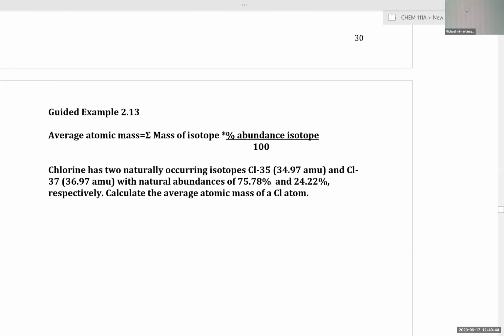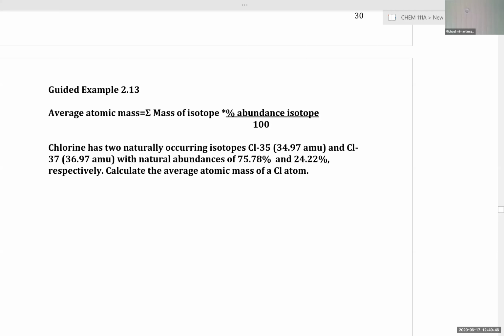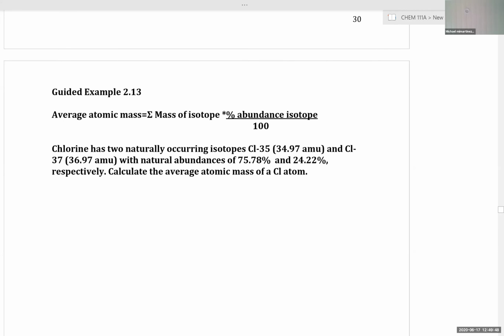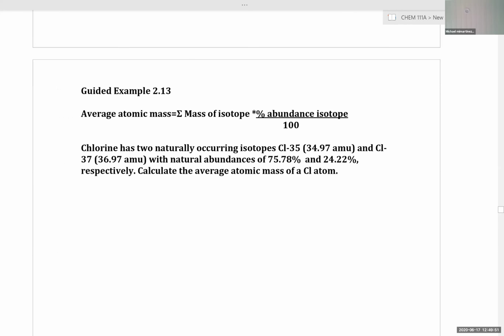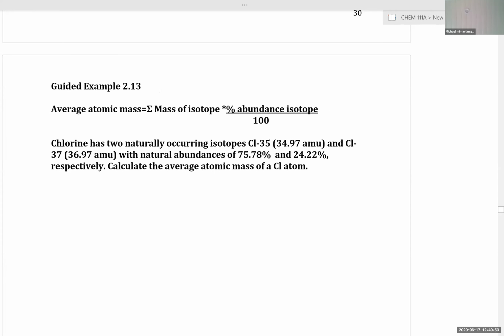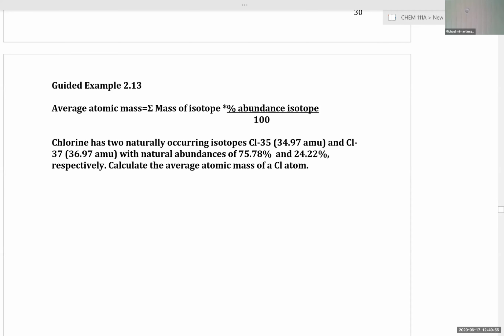Okay, so let's show an example of how to calculate the average atomic mass. For example, chlorine has 2 naturally occurring isotopes, chlorine 35 and chlorine 37. The percent abundance of chlorine 35 is 75.78%.